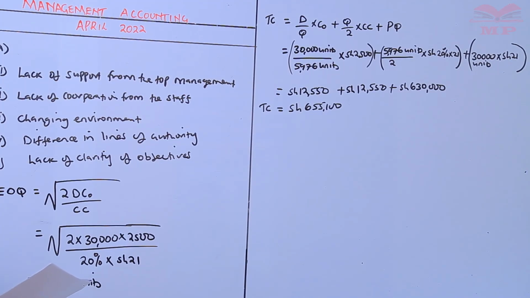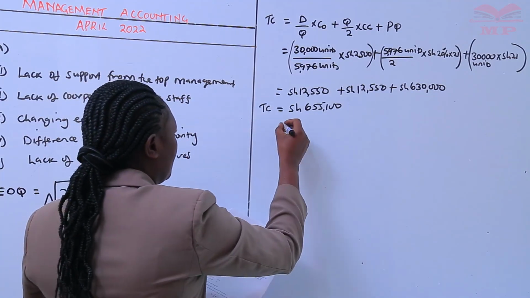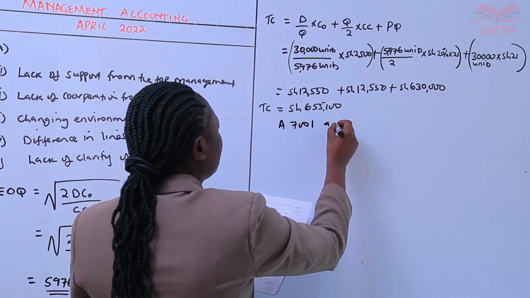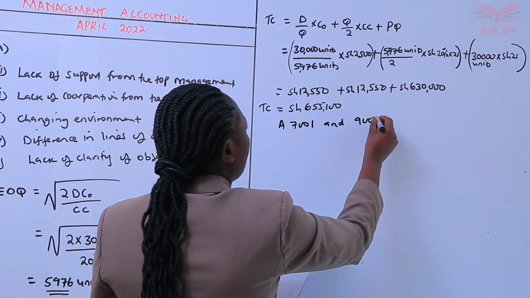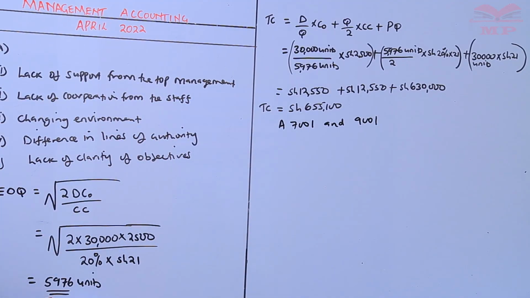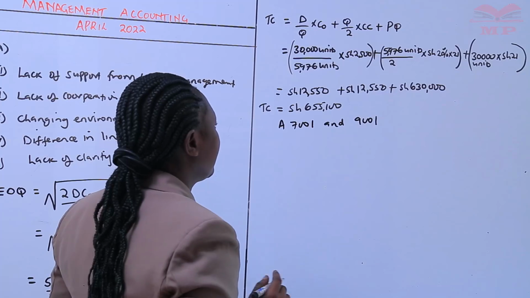So the other quantities we remain with are range 4 and range 5. This is at 7,001 and at 9,001. Those are the quantities that are above the current EOQ, and those are the ones we want to base on, so that we are disregarding all the ranges from number 1 to number 3.